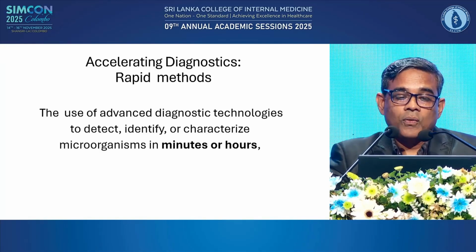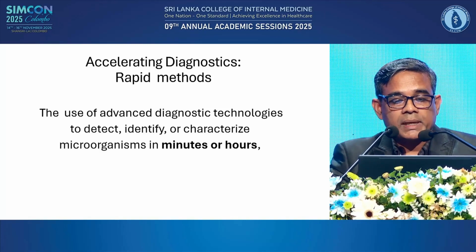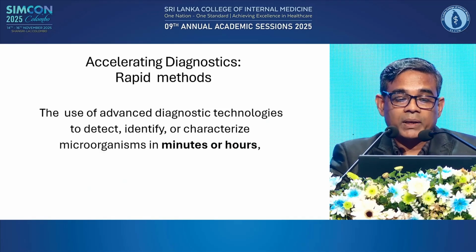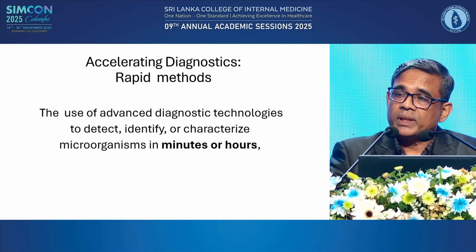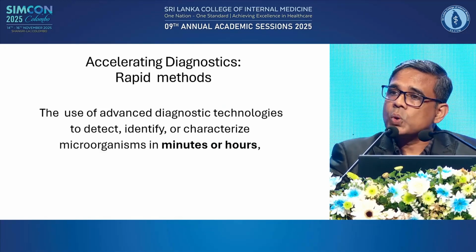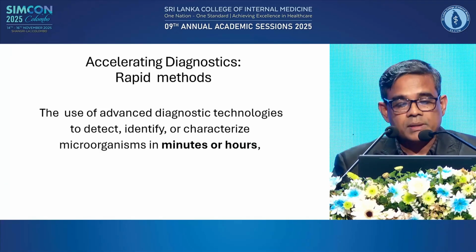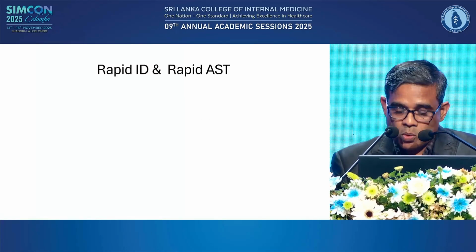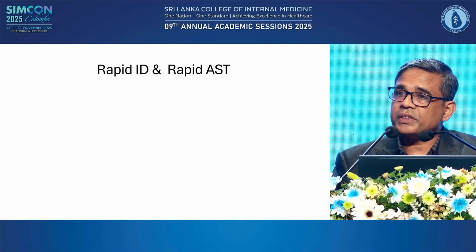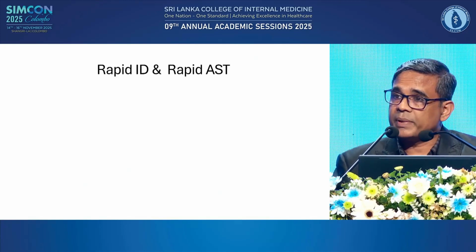The use of advanced diagnostic technologies to detect, identify, and characterize microorganisms can be achieved in a very short time, in minutes to hours. That is an advantage of modern molecular tests. So what are these rapid identification and rapid antimicrobial susceptibility tests?